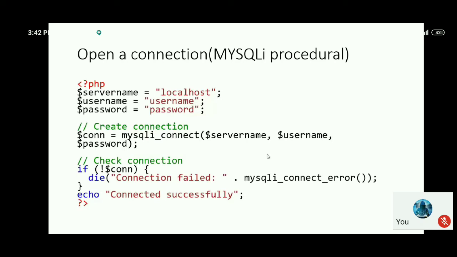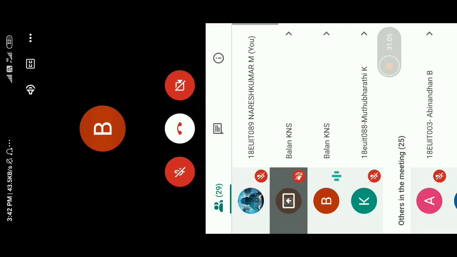I can directly use a statement, mysqli underscore connect. For object oriented, you have to use new mysqli. But for procedural oriented, you have to use mysqli underscore connect. Procedural oriented is simple to program, with no complicated programming structures. It's very simple. This also consists of 3 or 4 parameters.